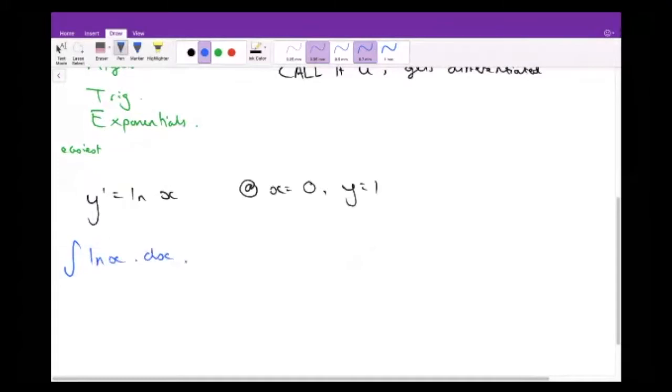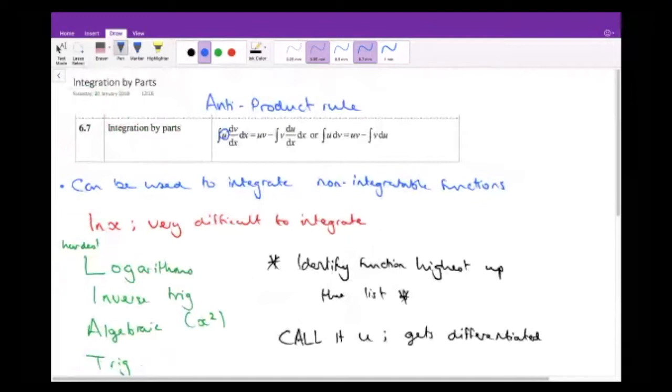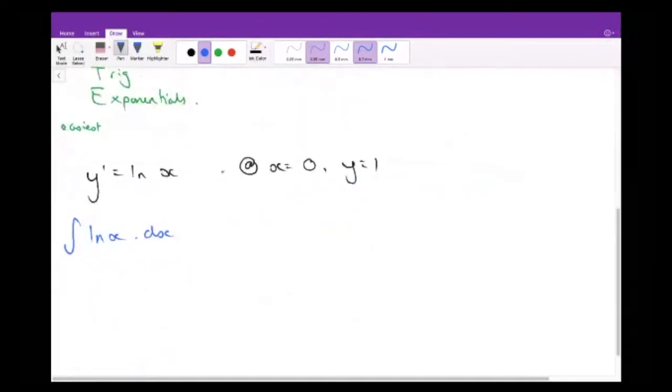So I want to make ln x u, and then I've got some dv by dx. Now this can sometimes be a little tricky to see. And the reason I'm going to a natural log is because you can use a trick. If there's something you don't like integrating, do 1 times it, because now we can differentiate the logarithm and treat 1 as something we want to integrate.